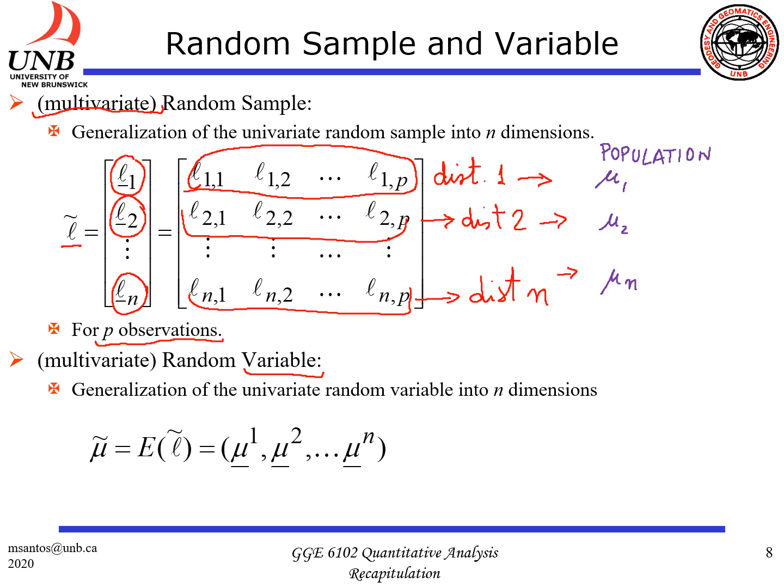So if we talk about a random variable, it is dealing with the population. What we have now, again, will be a multivariate vector, which would be composed of the mean values for each one of those. So they would be the expectation of the multivariate random sample.